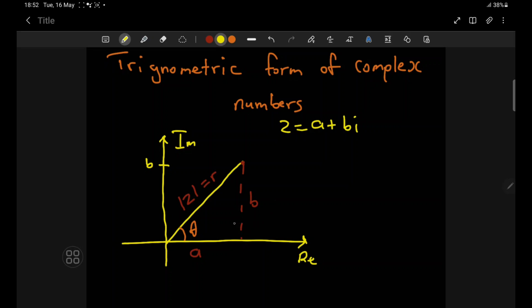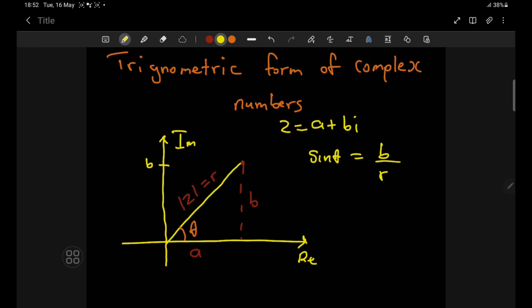So if we are to get the sine and cosine for this, sine theta will be opposite over hypotenuse, which is r. So sine theta is equal to b over r, the hypotenuse.